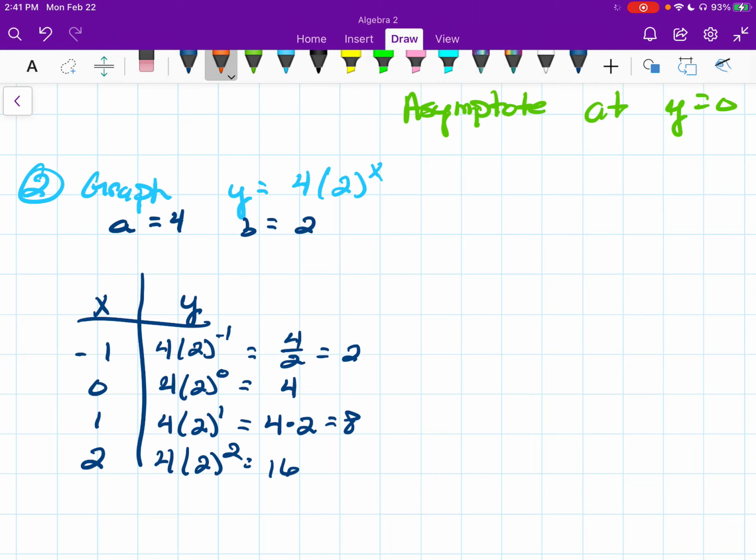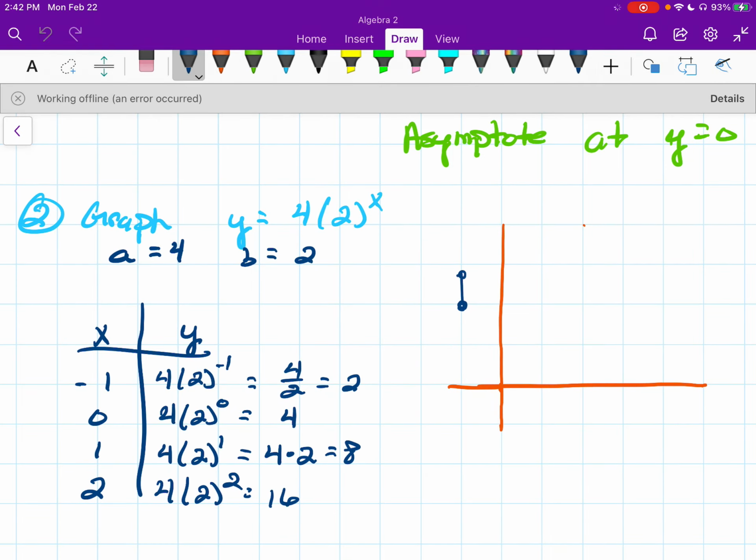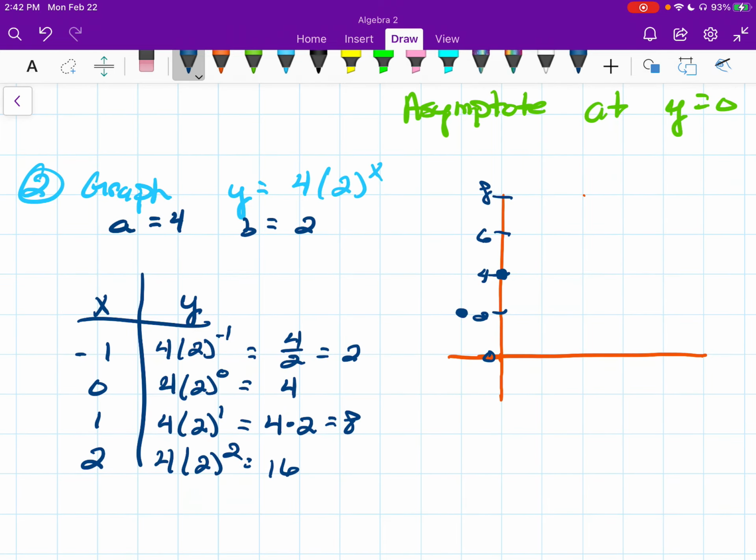Now, whenever we try to graph this, we'll have something like that. And so -1, 2. Maybe we'll say that each of these increases by 2. So this will be 0, 2, 4, 6, 8. So -1, 2, we'll have a point there. 0, 4, 1, 8.